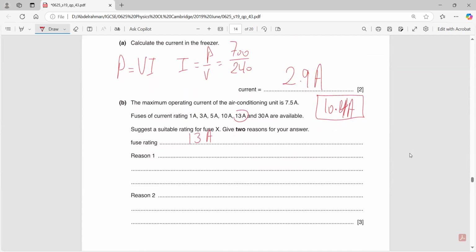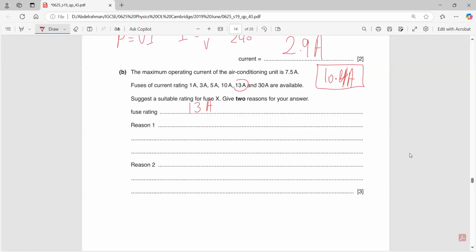Why is that so? First of all, you need to say that any of the other fuses, 1, 3, and 5, would be less than 10.4, and therefore they would instantly melt.